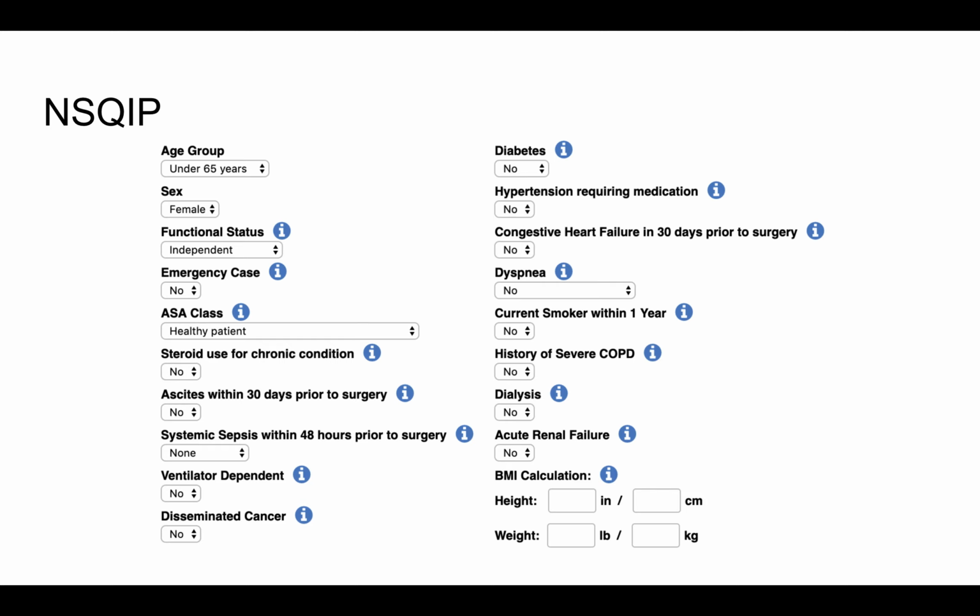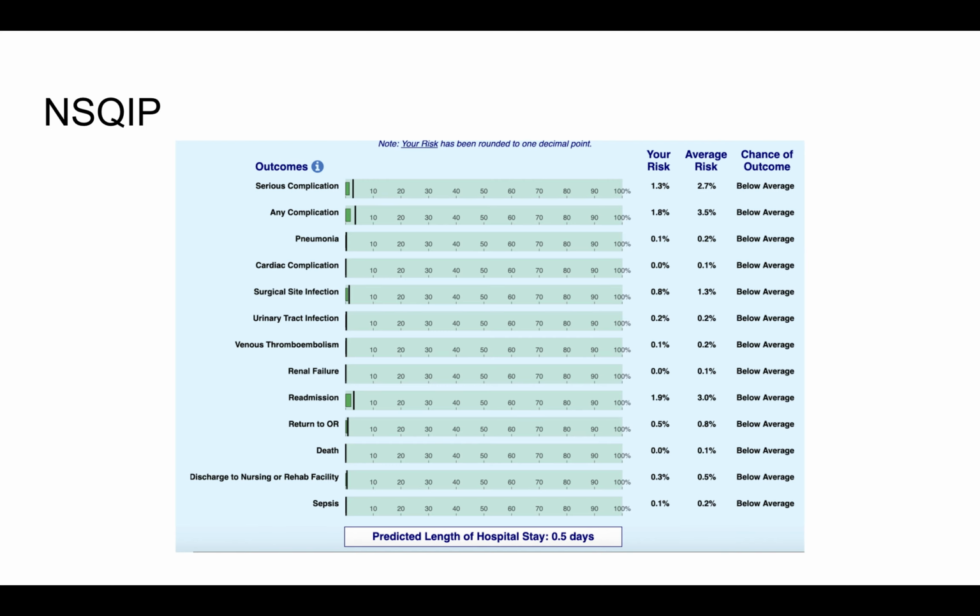So you put in all of this for your patient, and what it spits out is something that looks like this. This is actually my risk with all of my data that I put in, and then you also put in the procedure. I put in laparoscopic appendectomy, just a young, healthy patient. Here's my risk compared to the average risk, and the chance of the outcome is below average.